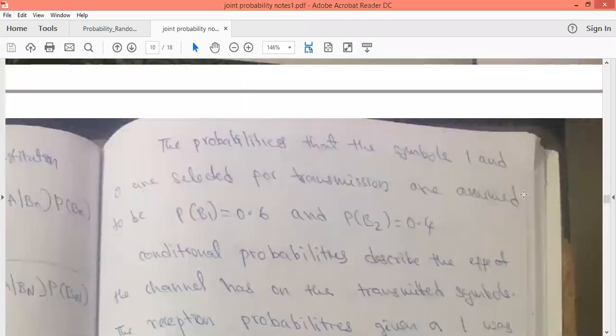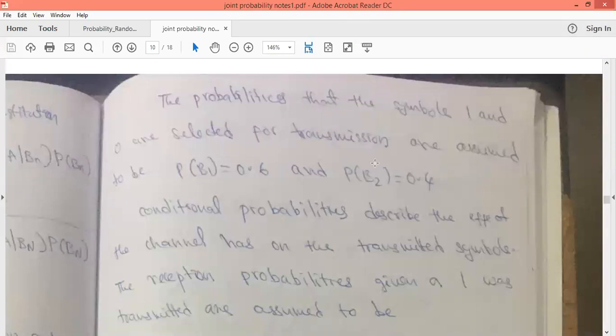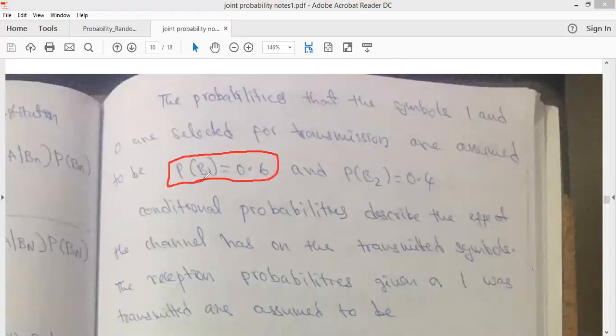Now you see here, it is given what the probability of transmitting 1 is. The probability of transmitting B1 is 0.6 and the probability of transmitting B2 is 0.4. These values are already given, and the conditional probabilities are also given.